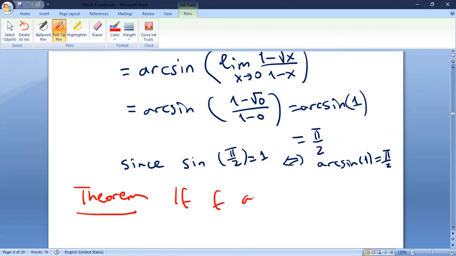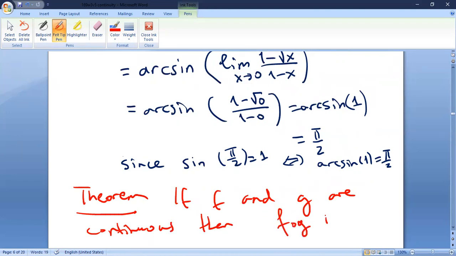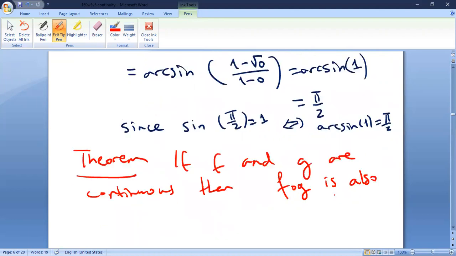If f and g are continuous, then f of g is also continuous at, well, of course, I need to say here f is continuous at a and g is continuous at f of a, then f of g is continuous at a.